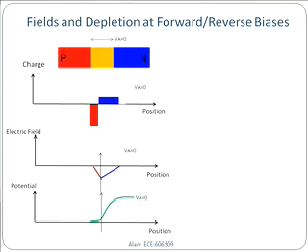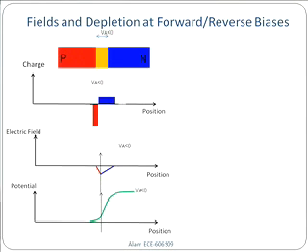So if you are in equilibrium, let's say you have a certain amount of charge, a certain amount of electric field by integrating the rectangle, and a certain amount of potential by integrating the triangle, the red and blue triangle. If you apply a forward bias, then essentially it shrinks the depletion region, and as it shrinks the depletion region, you have a smaller amount of charge.